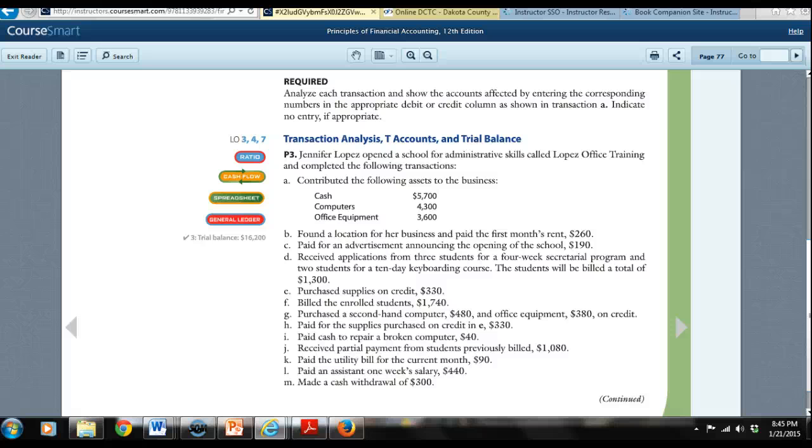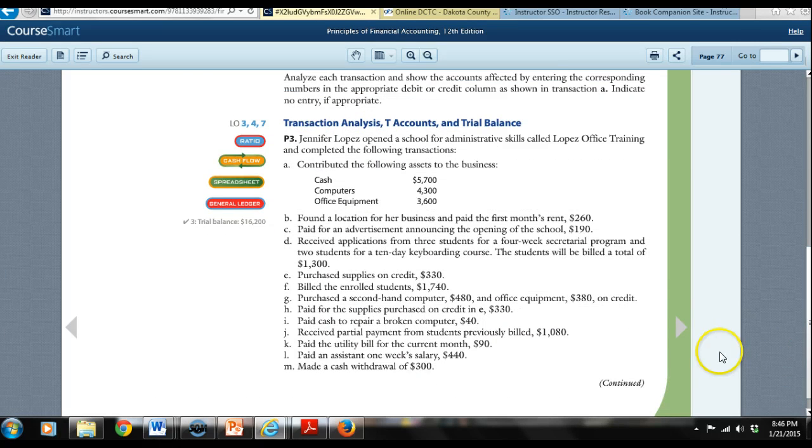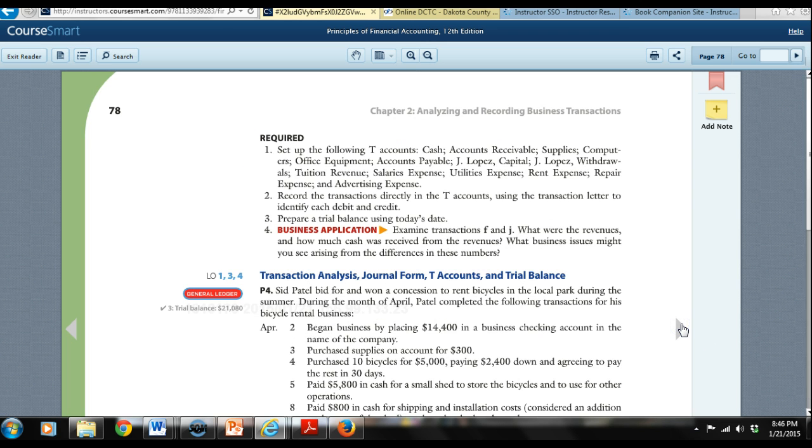Jennifer Lopez opened a school for administrative skills called Lopez Office Training and completed the following transactions. So she's got a bunch of different transactions we're going to have to go through. What we are going to do is set up T accounts. So the first one here is going to be cash.